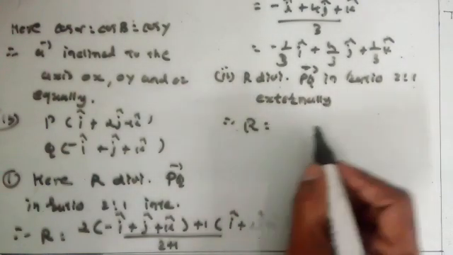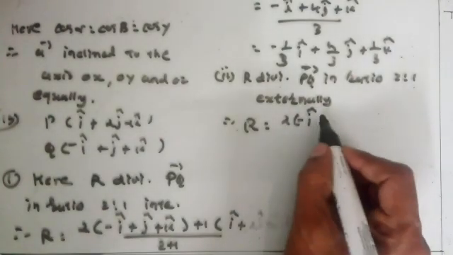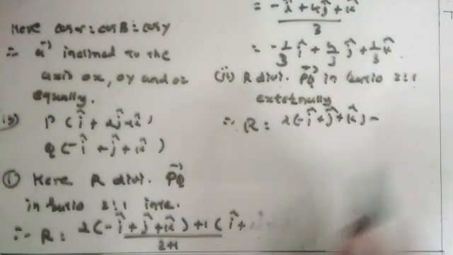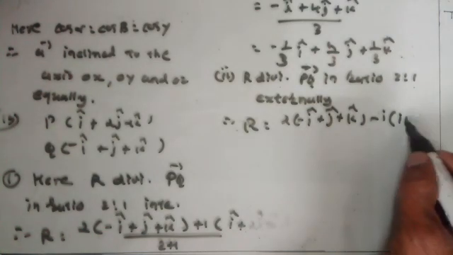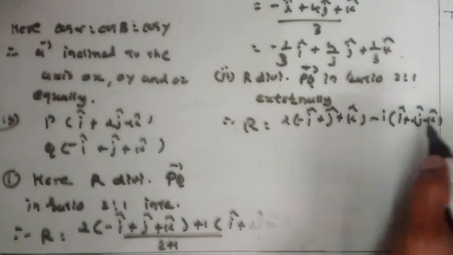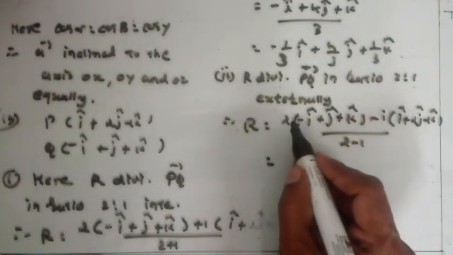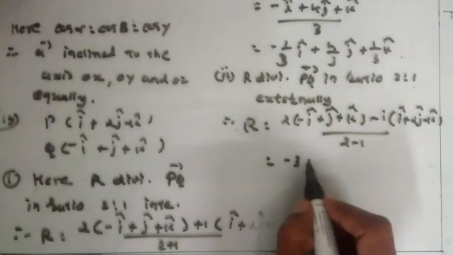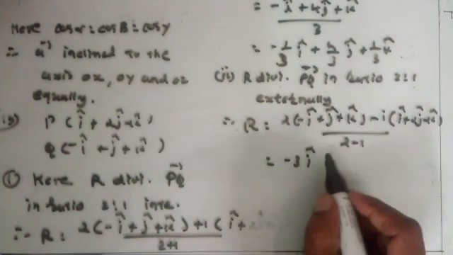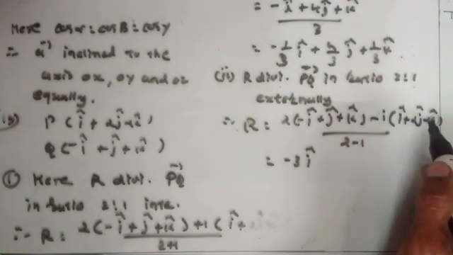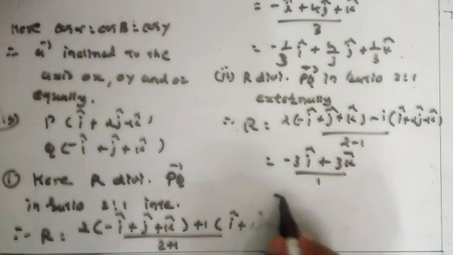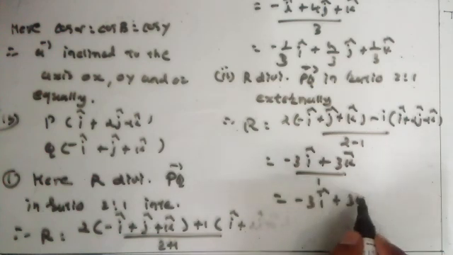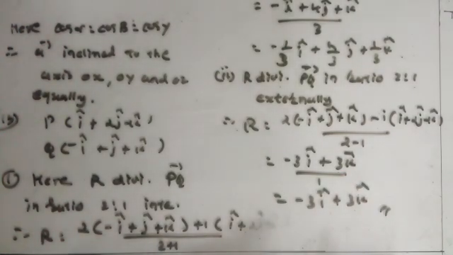Therefore, the position vector of R is equal to 2 into (-i + j + k) minus 1 into (i + 2j - k), upon 2 minus 1, equal to: -2i minus i becomes -3i; 2j minus 2j cancel; 2k minus (-k) becomes plus 3k; upon 1, that is -3i + 3k. This becomes the position vector of R which divides PQ in the ratio 2:1 externally.